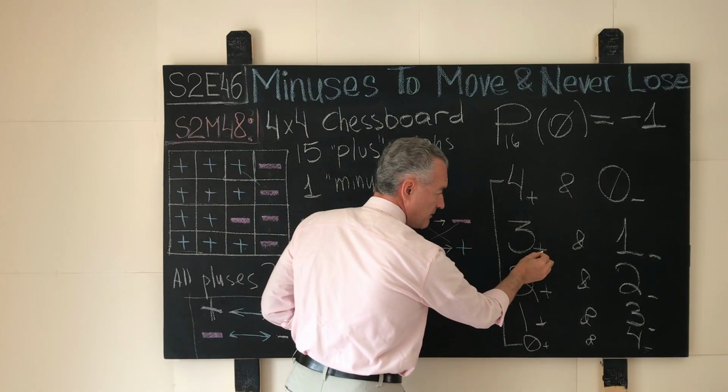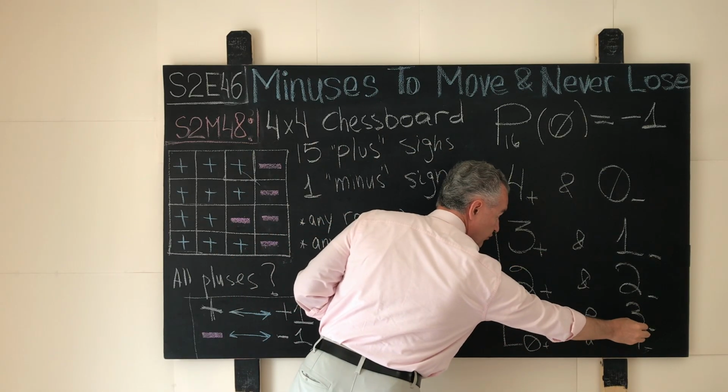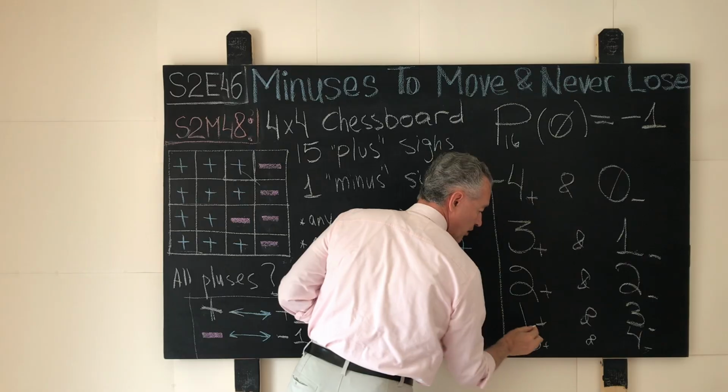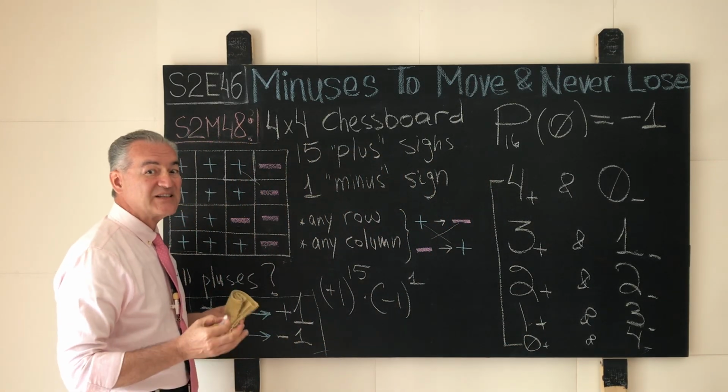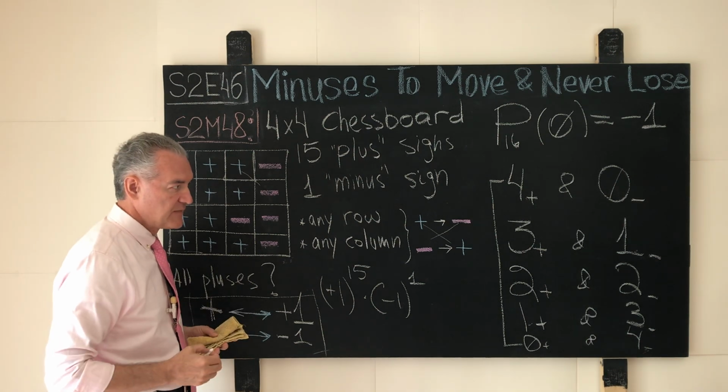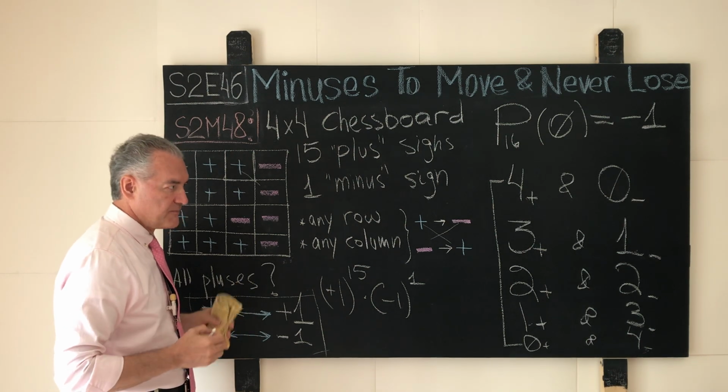Well, when 3 pluses become 3 minuses over here and 1 minus becomes 1 plus over here, these two moves also multiplicatively seem to be equivalent. This is what we think right now.